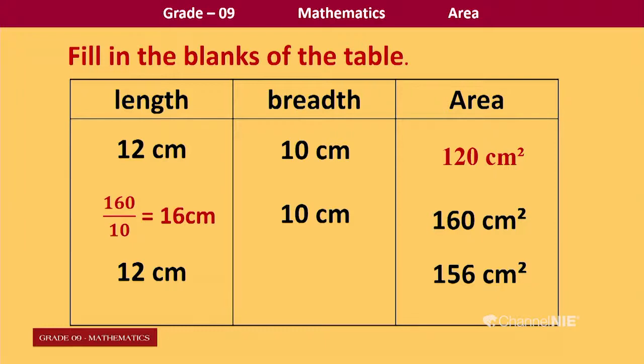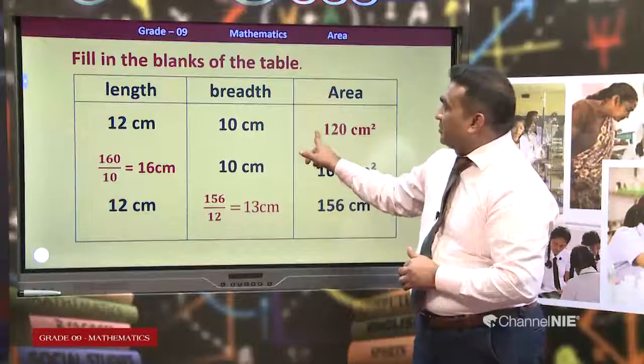Now you have length and area. Area is 156. Length is 12 centimeters. Then how to find out the breadth? We know that area should be divided by length. 156 square centimeters divided by 12 centimeters. Then the breadth is 13 centimeters.